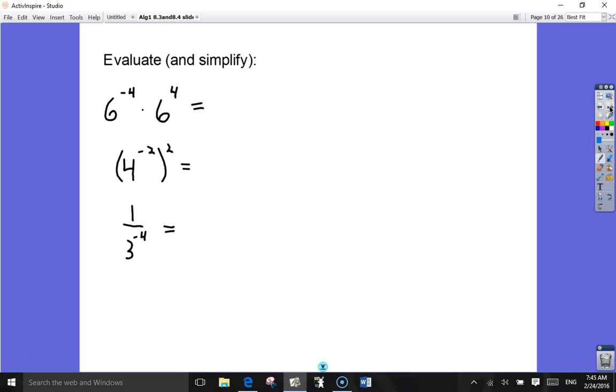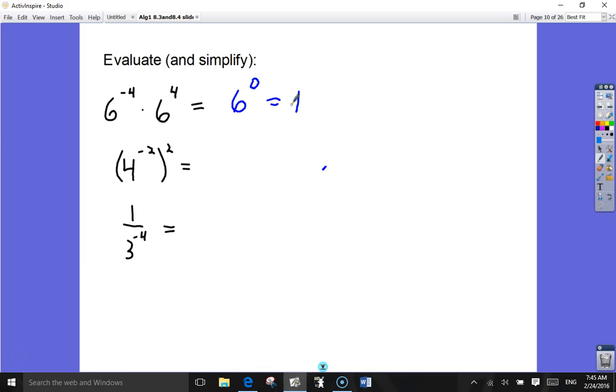So now, evaluate and simplify. When it says evaluate, you are going to find the number that it equals. So how about the first one? Which property would I use? Add the exponents, right? Okay, what would you get? 6 to the 0, which is 1. Which property would you use on the next one?